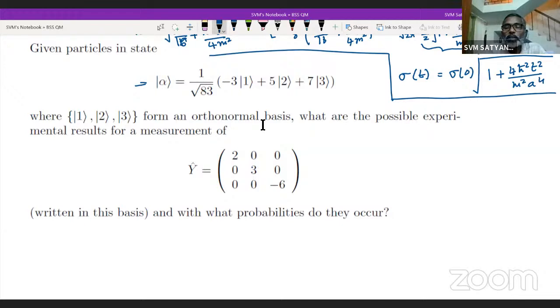So, Deepika, do you want to say what are the possible experimental results for this operator Y?